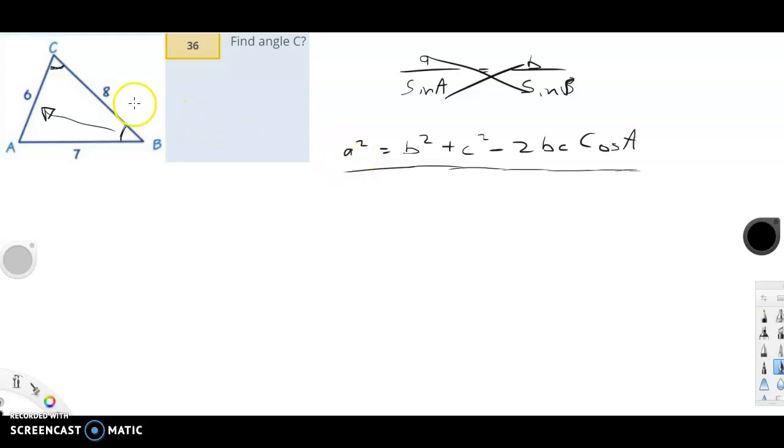So if we take 6, or we can take 8 to be baby a, small a, and so on. So this equals small b, and this guy equals small c. That would make life easier.